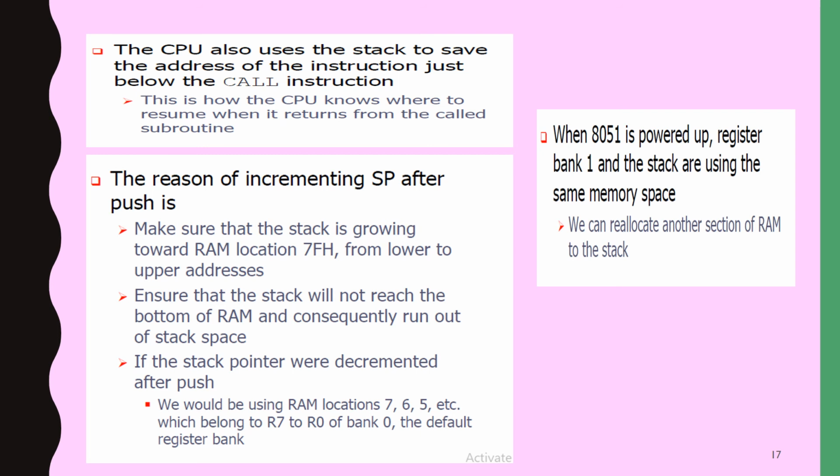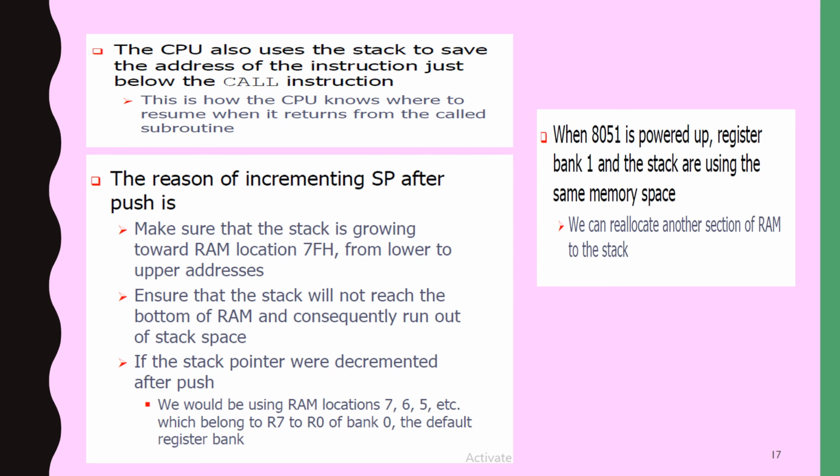The reason for incrementing the stack pointer after push is to make sure that the stack is growing towards RAM location 7F, from lower to upper addresses. It ensures that the stack will not reach the bottom of RAM and consequently run out of stack space.